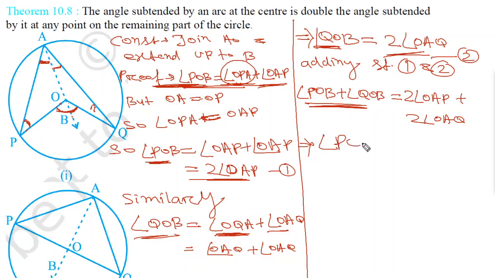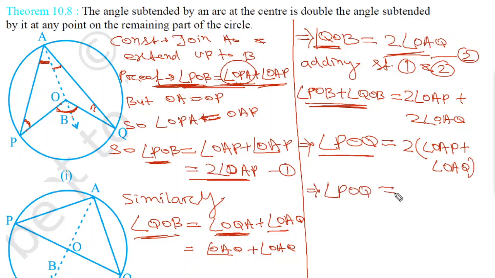Angle POQ will be equal to, here 2, we can take 2 common, 2 into OAP plus angle OAQ. Okay, implies, just write as it is, angle POQ is equal to 2 into OAP plus OAQ. Look at the figure.